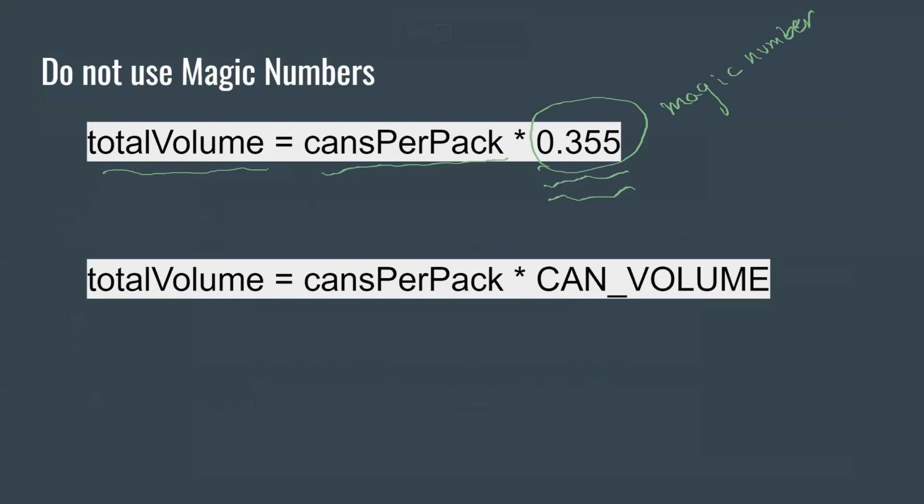A better practice is to store this number inside a variable called can volume, then use this variable in your calculation. So now when someone sees this calculation, they understand that you are multiplying the number of cans by one can volume instead of just a number which is 0.355.